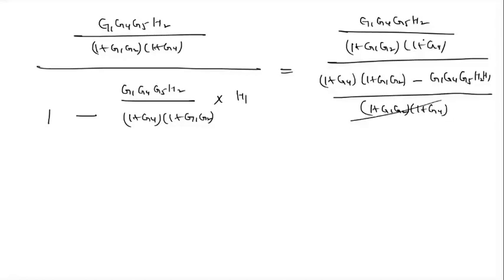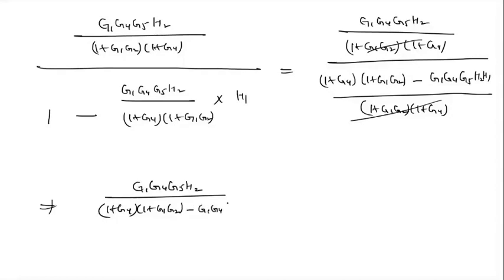So this term cancels. Finally, the block is G1, G4, G5, H2 by 1 plus G4 into 1 plus G1 G2 minus G1, G4, G5, H1, H2. This is a complete block.